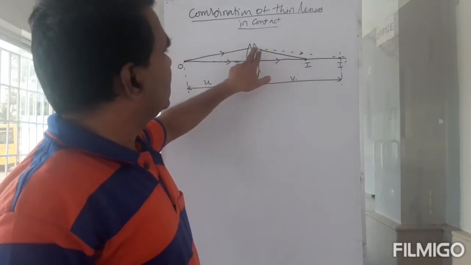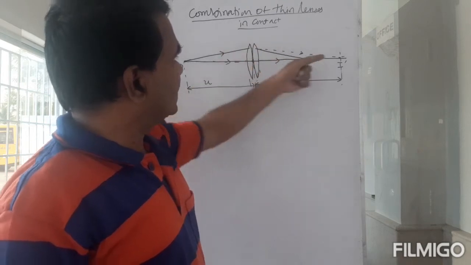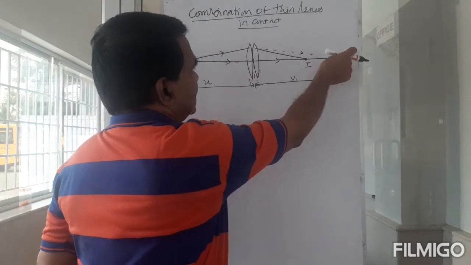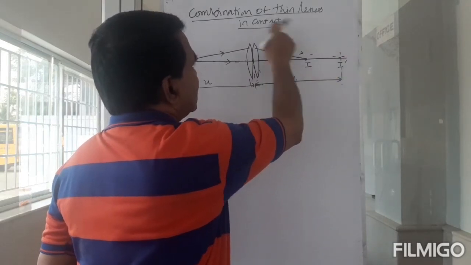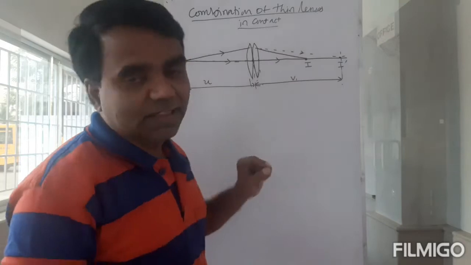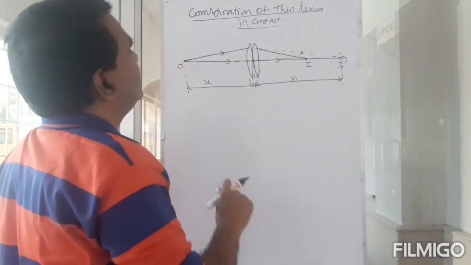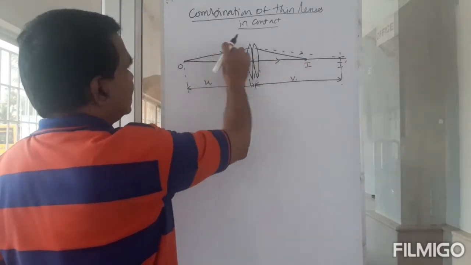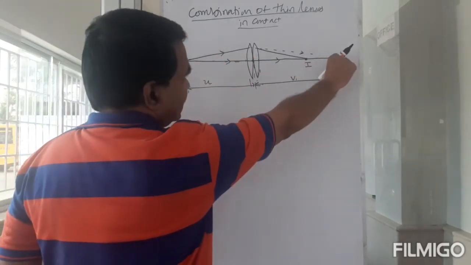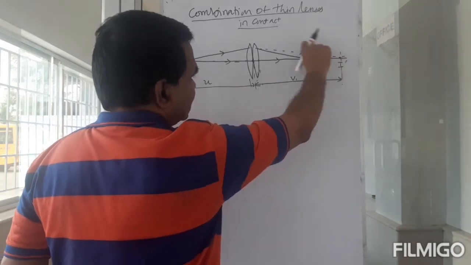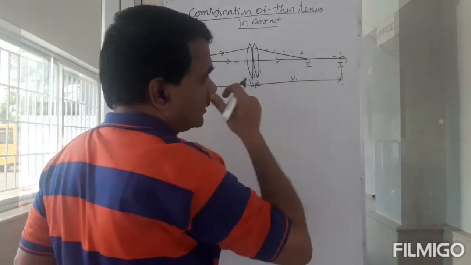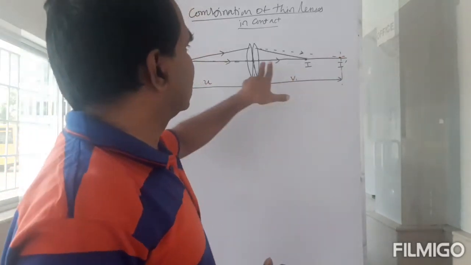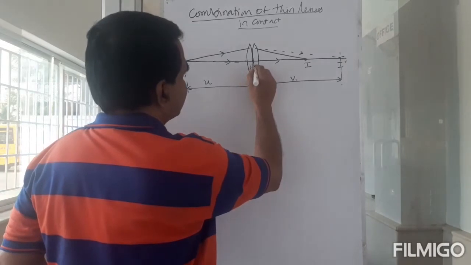So, I will say that the image produced by the first lens is acting as the virtual object for the second lens. Clearly, as I said, from the object, the rays must diverge. Here you see, the rays are converging. So that is the virtual object for the second lens. This is lens 1 and this is lens 2.